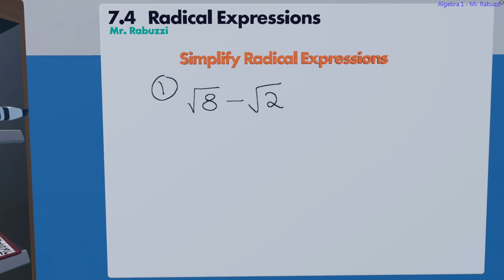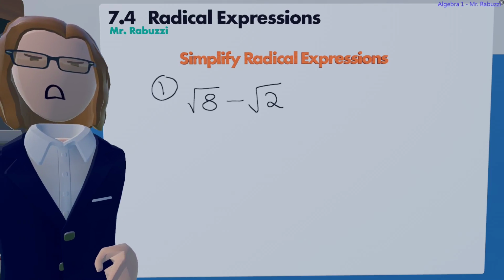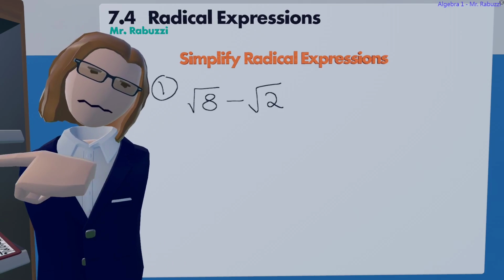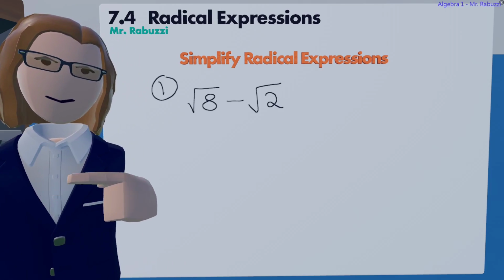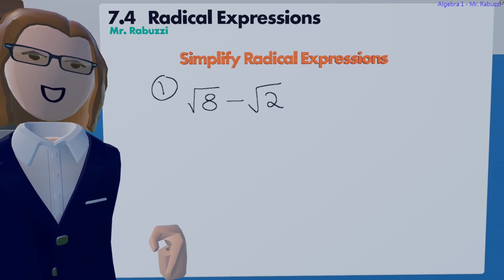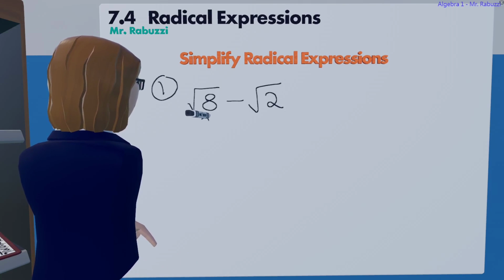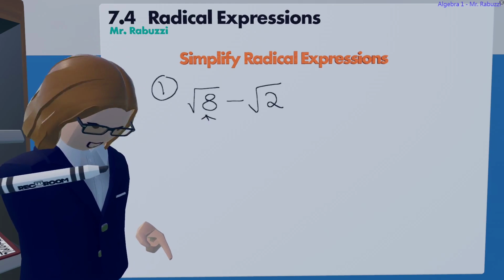All right. What we need to do is break it down as much as we can, like we did on the other board. Break things down to see if anything matches and subtract. So I'm going to split my 8. What is the prime factorization of 8?